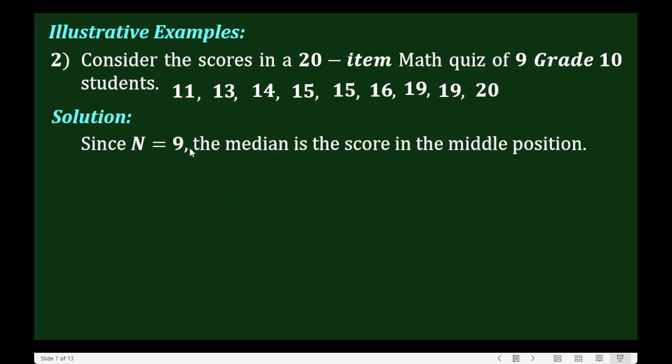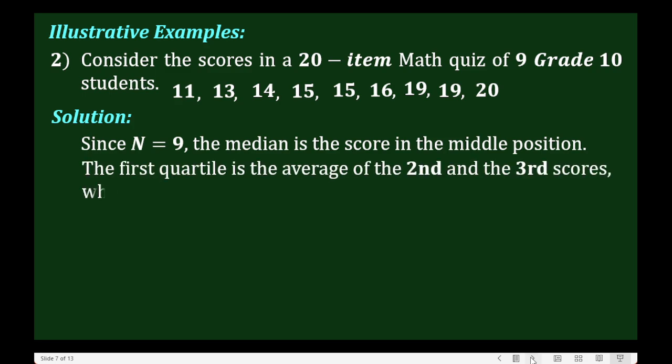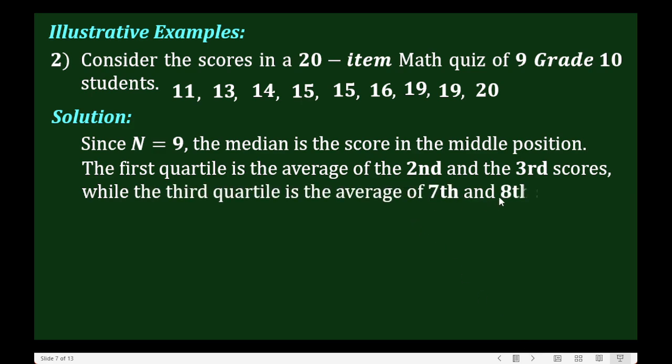So if we have 9 scores, the 5th position happens to be the median or the second quartile.